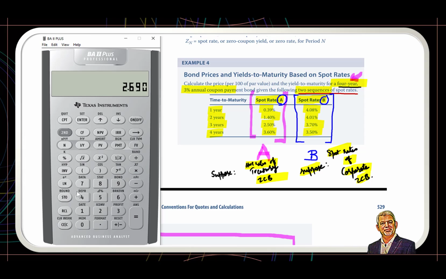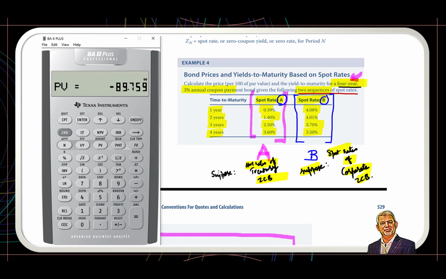We will store it in the 7th memory slot. And now the last one, let's clear the memory. The last one is the 4th spot rate in series B, 3.50. This goes in I/Y, and of course 4 is N this time. Remember, in the 4th year the cash flow is 103, so this goes in the future value.